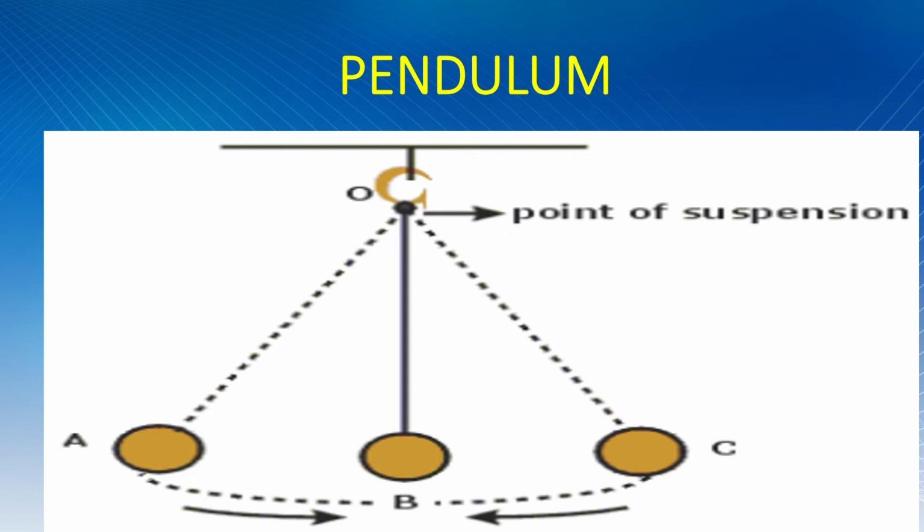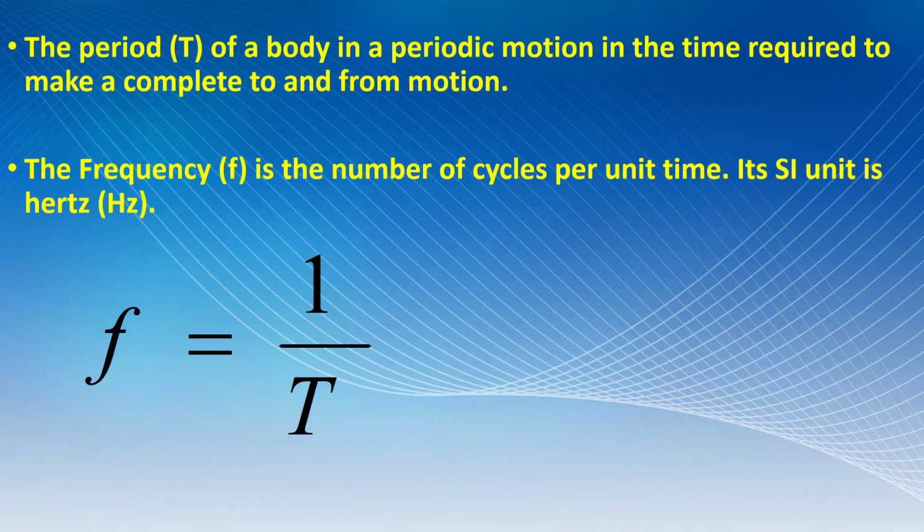The amplitude of vibration is the maximum displacement of a body from its equilibrium position. This is represented by the displacement from position B to A or from B to C. Now, let's proceed to the period.